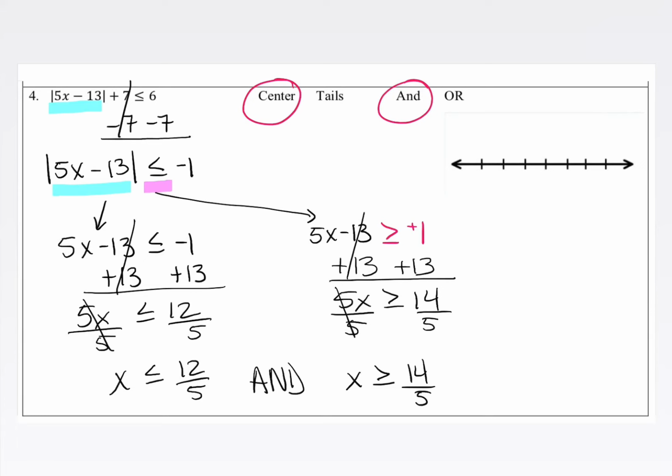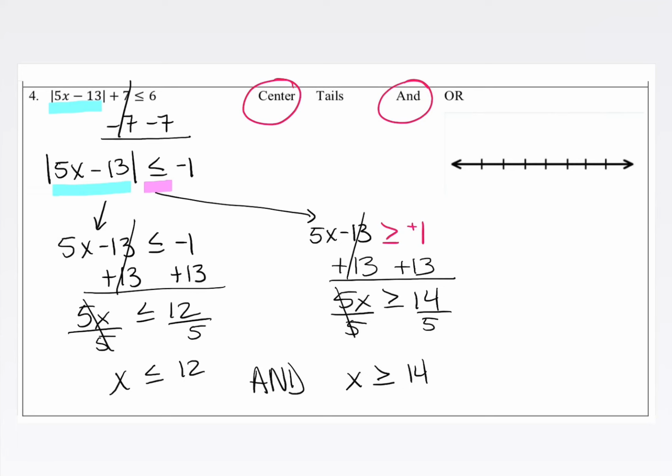If we want to write it in the compound, x is bigger than 14/5 and x is less than or equal to 12/5. We want to think about this as, is there actually a number that is smaller than 12/5 and bigger than 14/5? Now, if the fractions are confusing you, let's ignore them for a second.